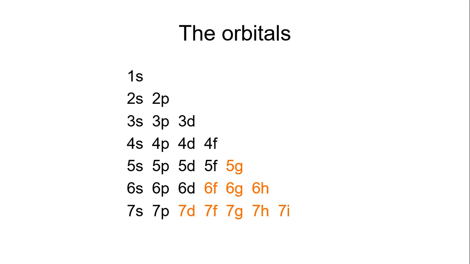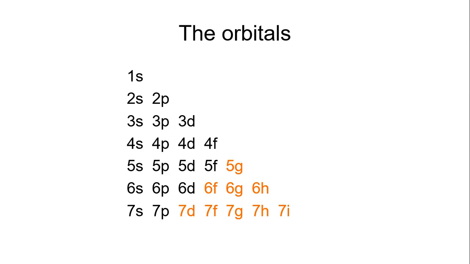The ones that are in orange are the ones that have no atom in the ground state that has electrons in that particular sublevel. And I don't know whether you get a feel for this, but the idea is that these things are going to not fill in a very conventional way. So we're going to talk about that in a second.